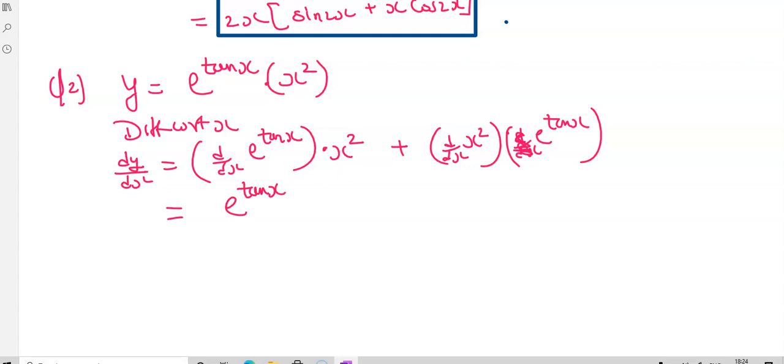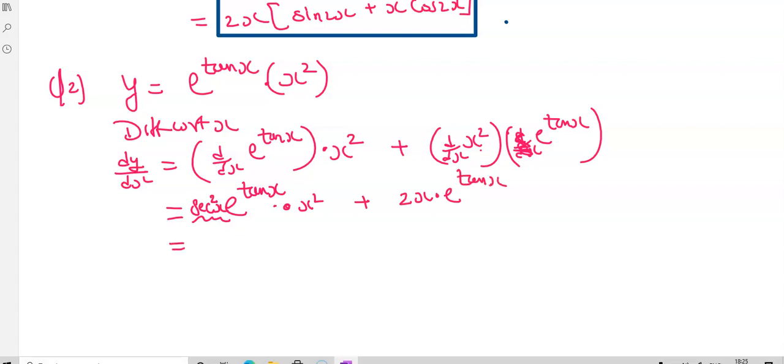Now can you guess, derivative of e to the power 10x, and then we need the derivative of 10x, which is 10. I have marked this. Now x square as it is. Now derivative of x square, from x to the power n, is 2x e to the power 10x.